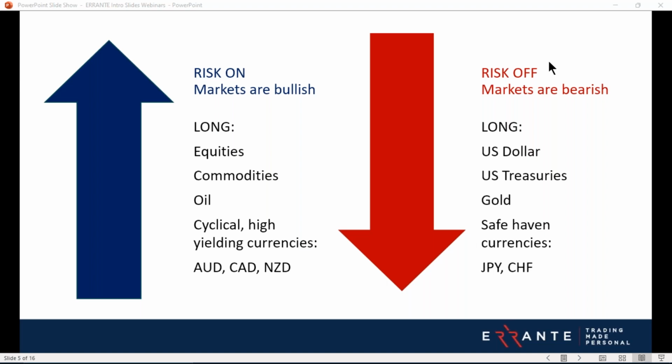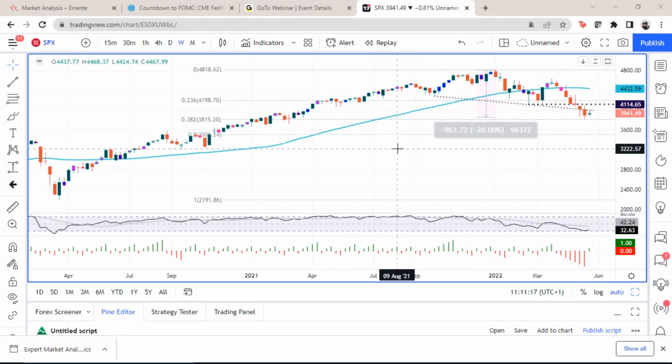Investors are really trying to get a grip on what is exactly going on in markets at the moment, and it's really this battle, this push-pull, if you like, between inflation, between growth, and between potential recession or at least a slowdown in growth. So by looking at risk on, risk off, treating the markets as such, then we can really decide which currencies to buy, of course, which crosses to look at, which currency pairs to trade.